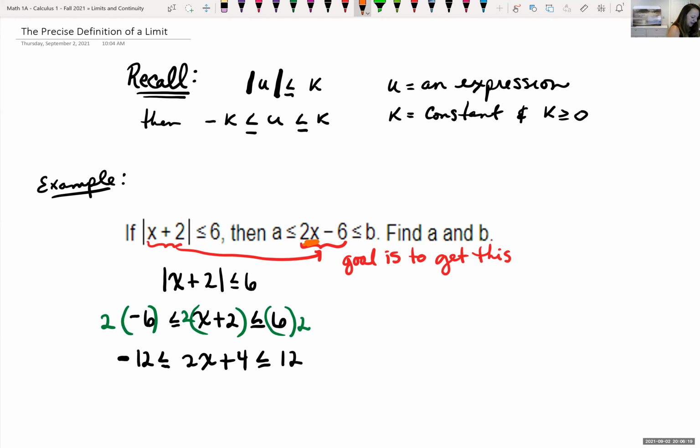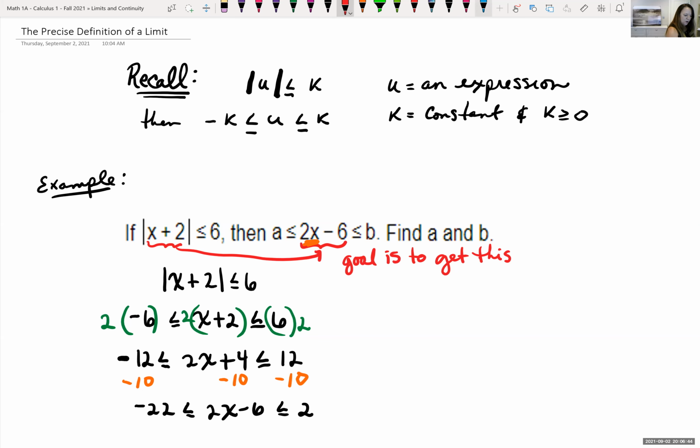So let's just subtract 10 from all these sides. So that would give us negative 12 minus 10, so that's going to give us negative 22 is less than or equal to 2x minus 6, which is less than or equal to 2.